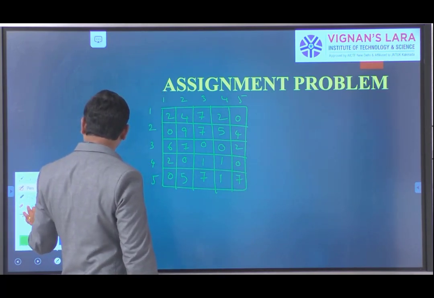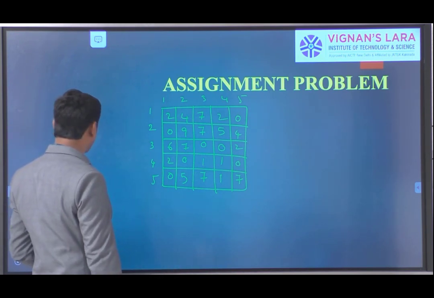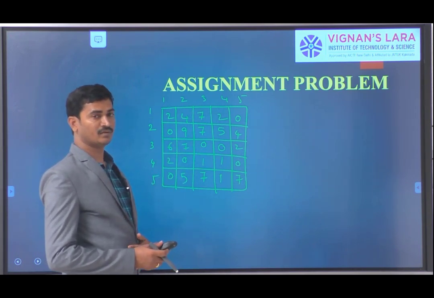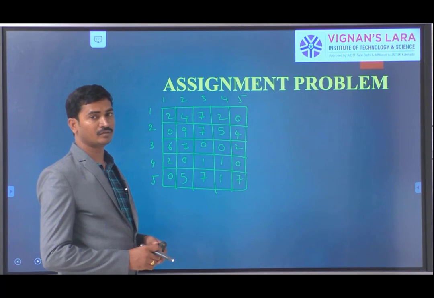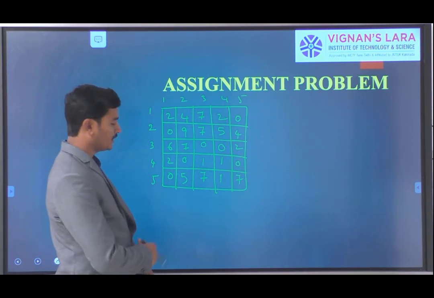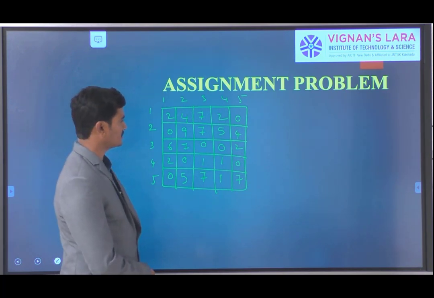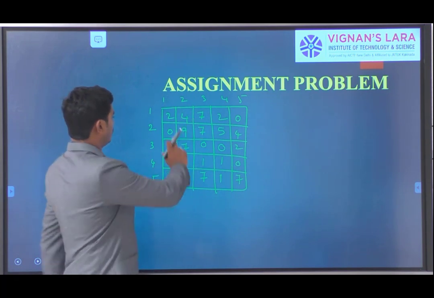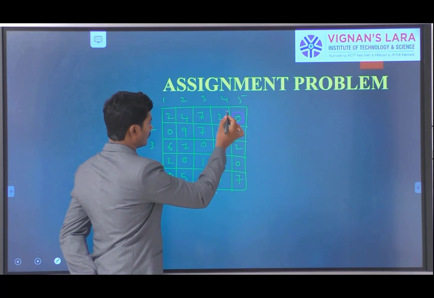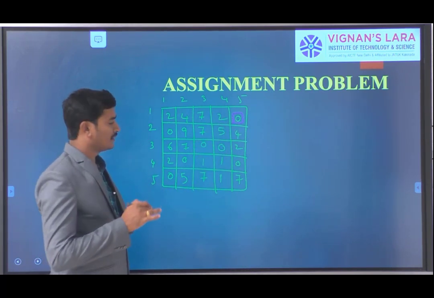After identifying the zeros, we are going to draw lines. We are going to assign the task to that job or to that worker, by row searching and column searching. Coming to the first row searching, in this first row we have 1 zero. So we simply take that 0 and draw the line through that particular allocation.